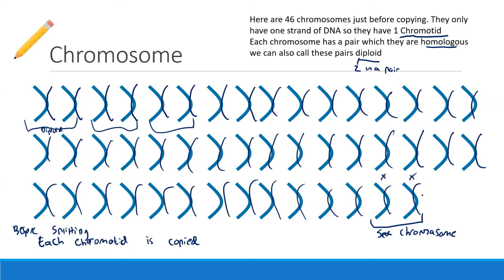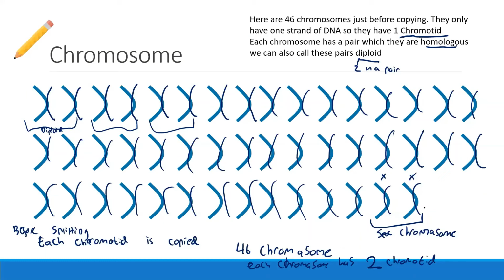Now, this part is the weird part. We would say that there are 46 chromosomes. But now each of those chromosomes, each chromosome, has 2 chromatids.